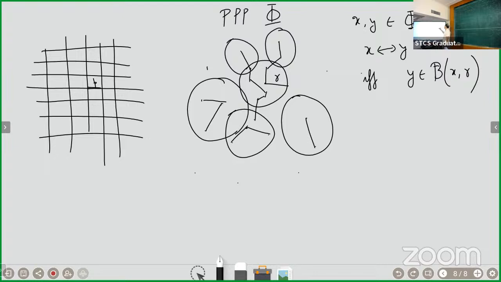As soon as a point belongs to a ball of radius r around x, it's connected with an edge. This defines a graph which goes by the notation G of lambda, r. So lambda is the density of my underlying Poisson point process, and r is the connecting radius. Any comments on the graph?